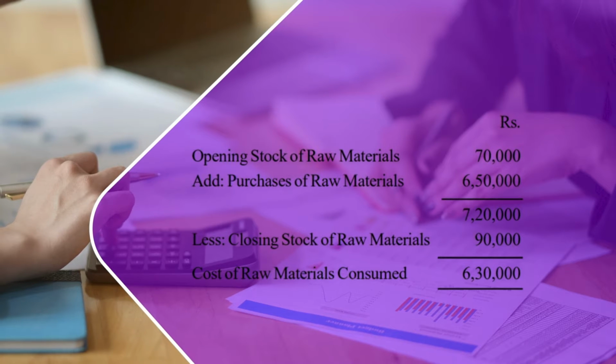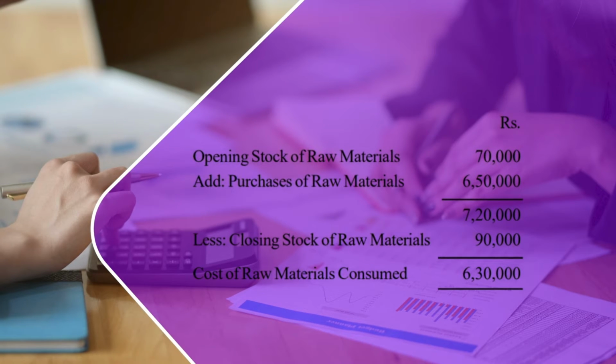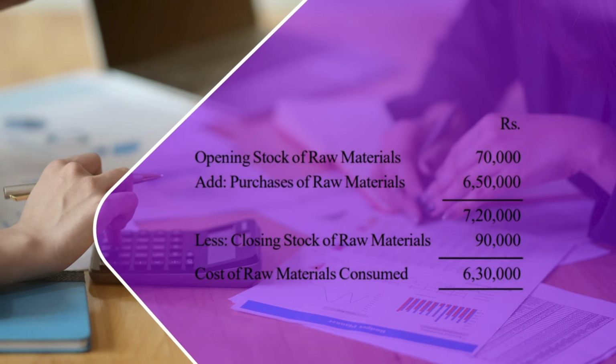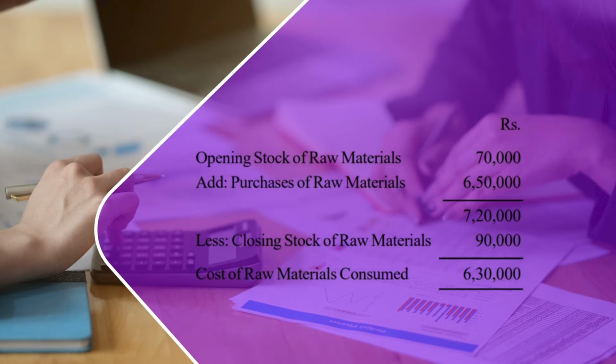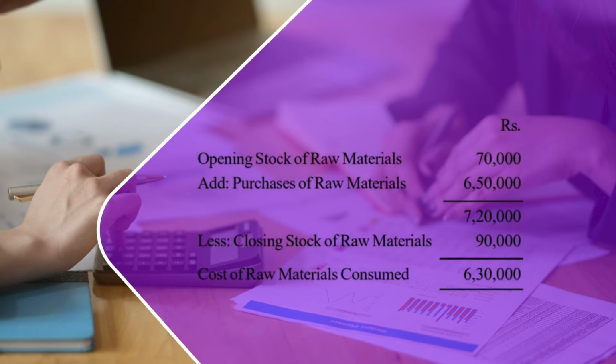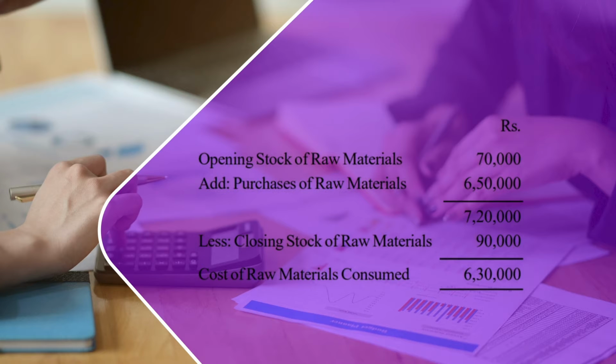So the equation for calculating the cost of raw material consumed is opening stock plus materials purchased during the year less closing stock of raw materials. This is how it is calculated.